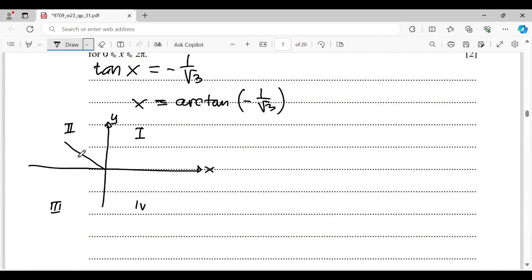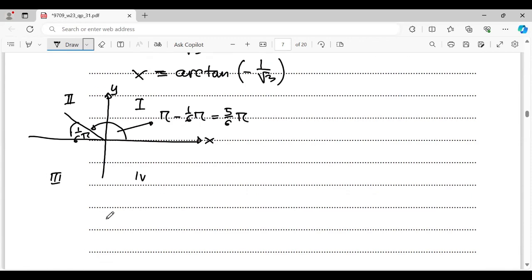Okay. On quadrant 2, if this angle is 1 over 6 pi, then this angle is pi minus 1 over 6 pi, which equals 5 over 6 pi.